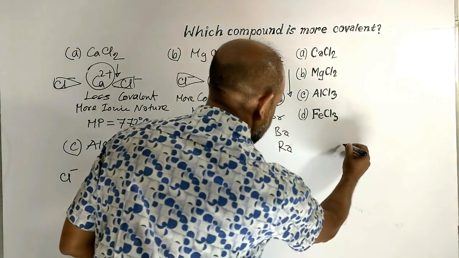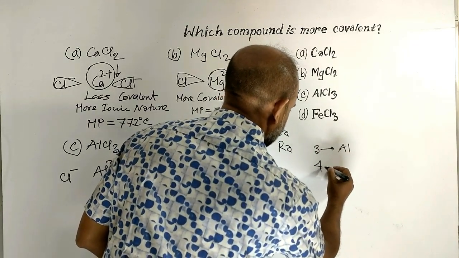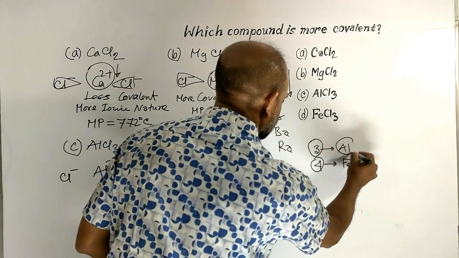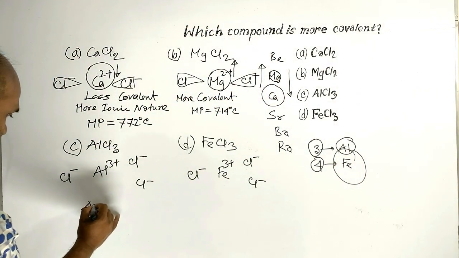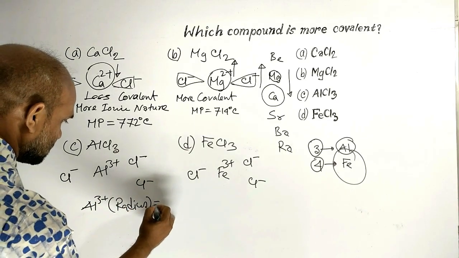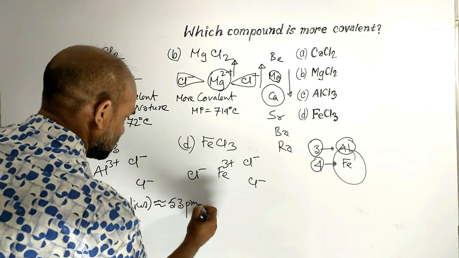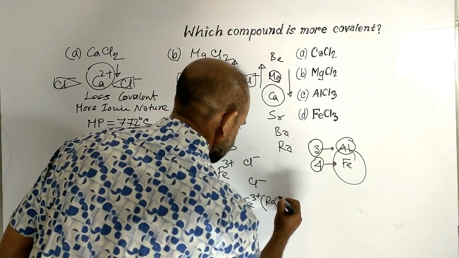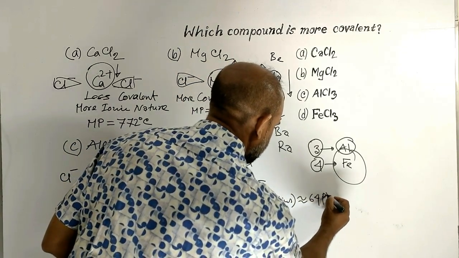We know that aluminum is the element of period 3, but iron is the element of period 4. So this is smaller in size compared to iron, and its radius is around 53 picometer, and iron 3 plus, its radius is around 64 picometer.